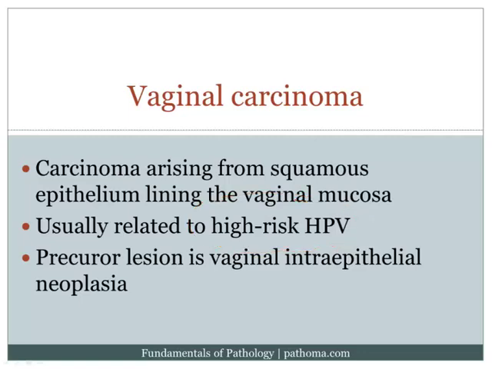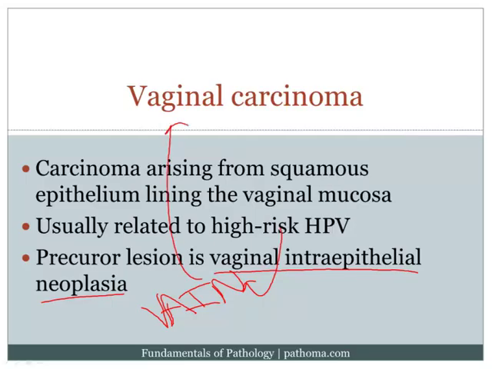And the precursor lesion for this is dysplasia, which again is called a vaginal intraepithelial neoplasia, also called VAIN, and that again is the dysplastic precursor from high-risk HPV, which eventually becomes vaginal carcinoma.